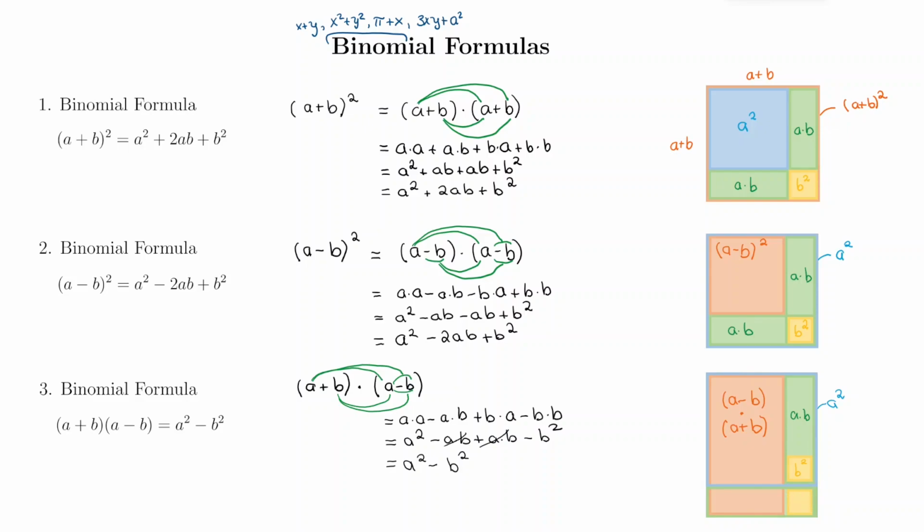So then we see that this rectangle is the same as a square, which is this part, minus b square, which is this part. And this is exactly the binomial formula. So whenever we have something like this, we do not have to make all those calculations. We can just use the rules here.